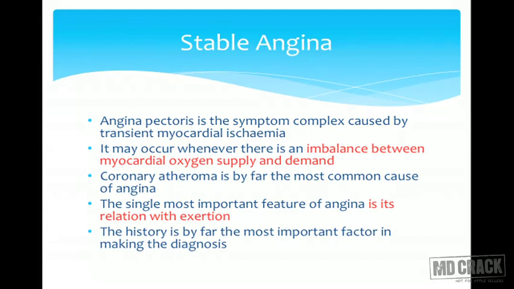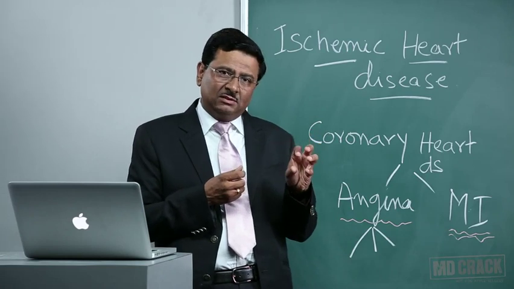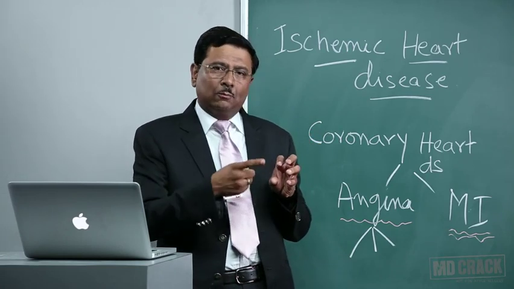Angina pectoris is the symptom complex which is caused by transient myocardial ischemia. Please take care of the word transient. It means there is transient myocardial ischemia. This may occur whenever there is an imbalance between myocardial oxygen supply and demand. Coronary atheroma is by far the most common cause of angina, because whenever there is coronary atheroma, there is narrowing of the vessels, hence the supply is compromised.